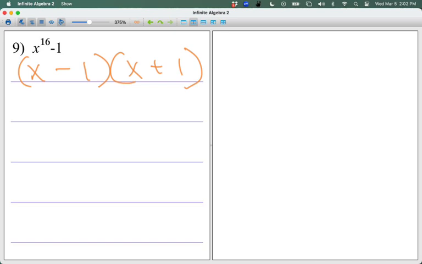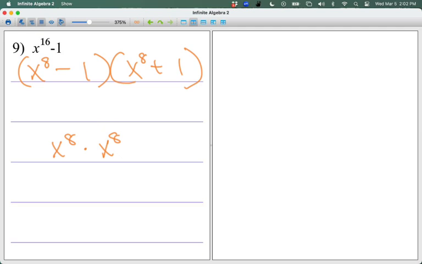The square root of x to the 16th is not x to the 4th. You don't take square roots. You take half of it, because x to the 8th times x to the 8th, we add these exponents to make that.